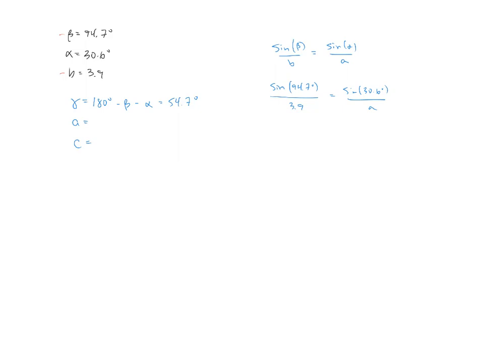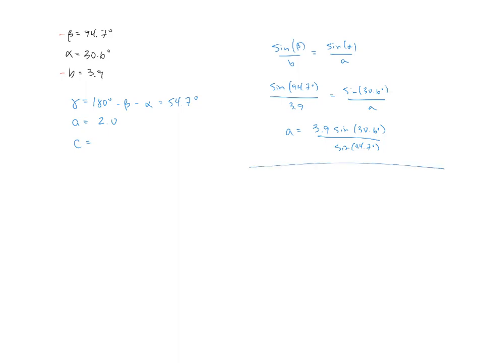By manipulating this algebraically, we find out that a equals 3.9 times sine of 30.6 degrees over sine of 94.7 degrees. So again, just a little bit of algebra there to clean that up. Punching this in a calculator, we find out that a equals 2.0 if we go to one decimal place, so 2.0.